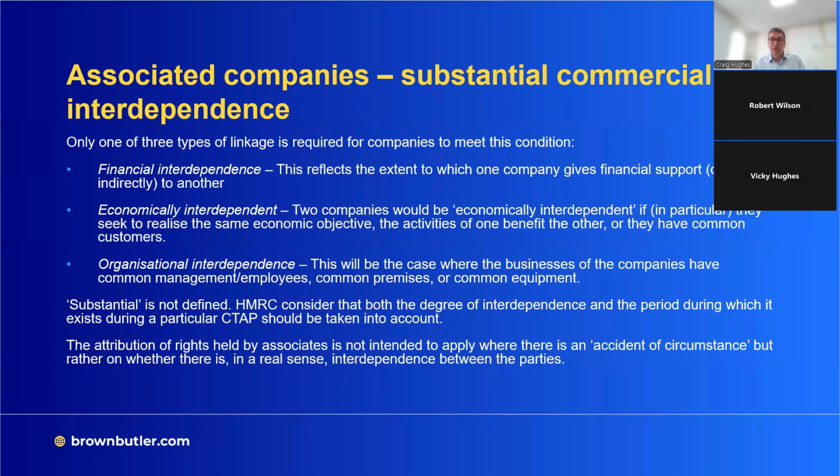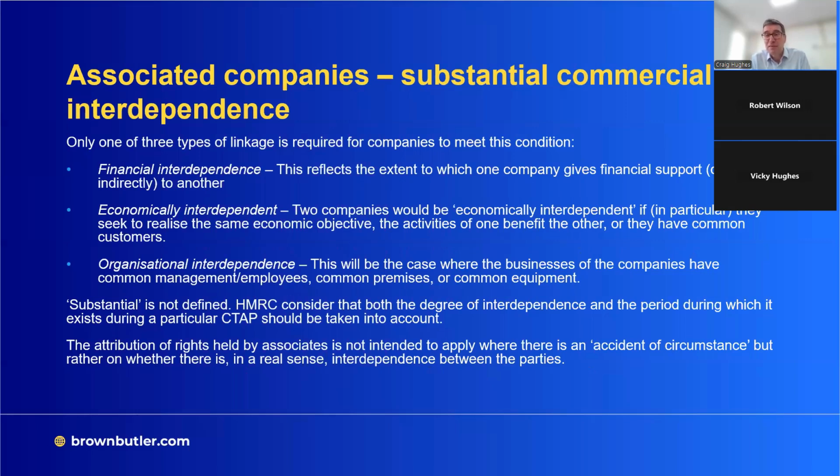Economic interdependence. This is where two companies have the same economic objective, the activities of one benefit the other, or they have common customers. And the third one is organizational interdependence. This is where companies share common premises, employees, or common equipment.